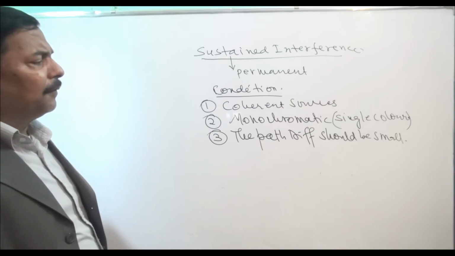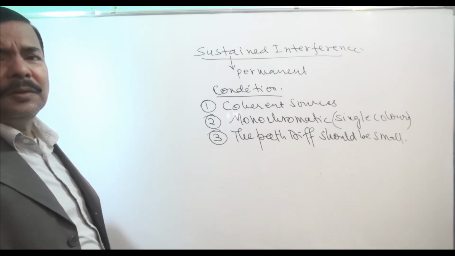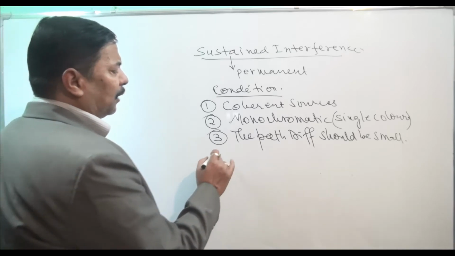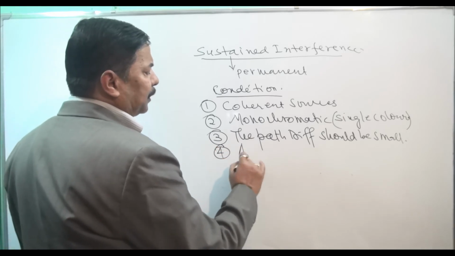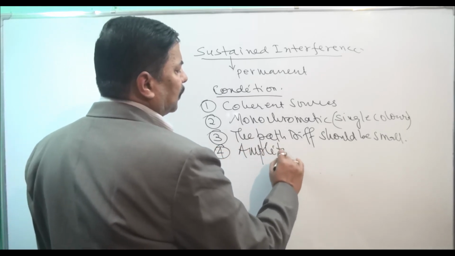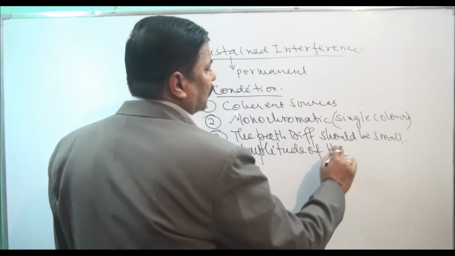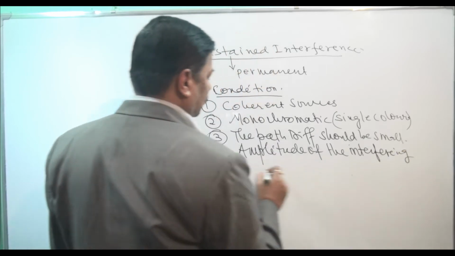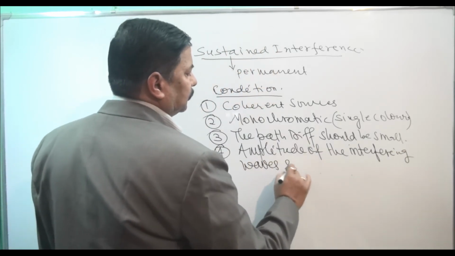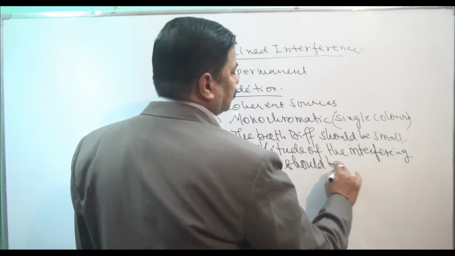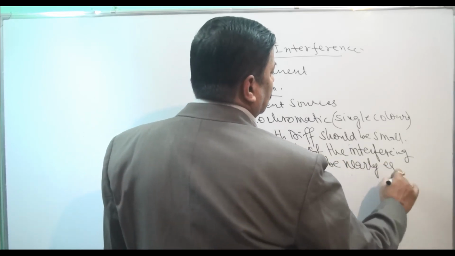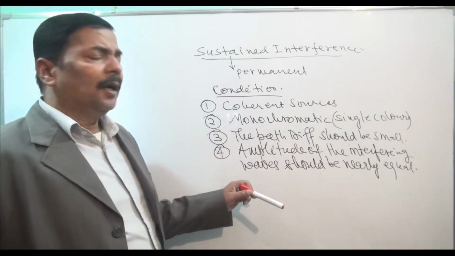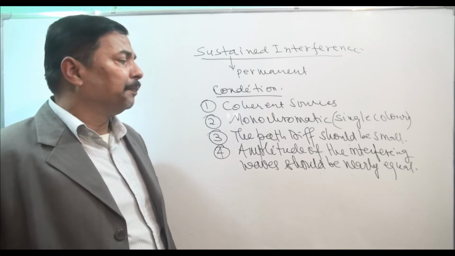And the fourth condition is amplitude: the two interfering waves should have nearly equal amplitude. If the amplitude is nearly equal, then we will have better contrast in the interference phenomenon.